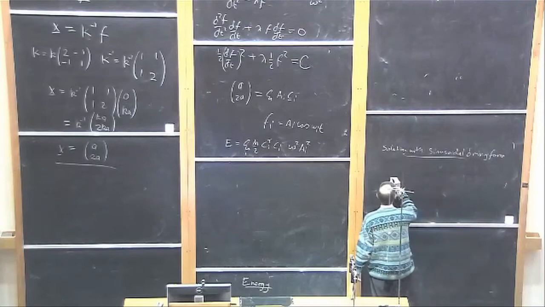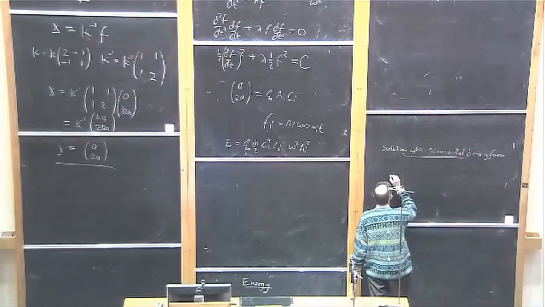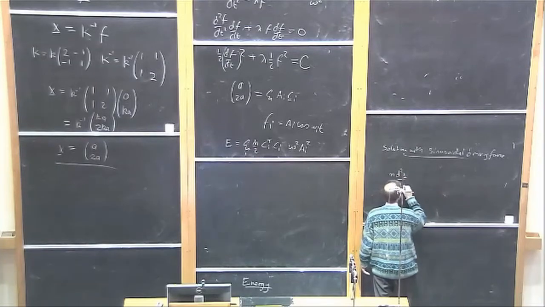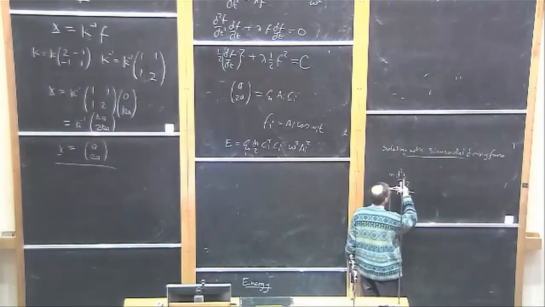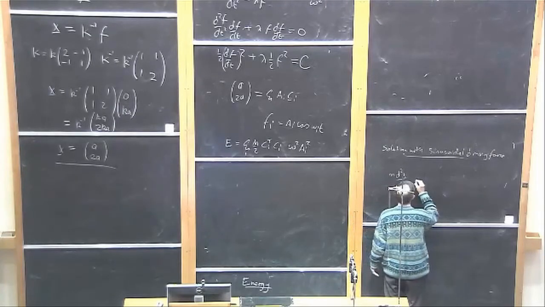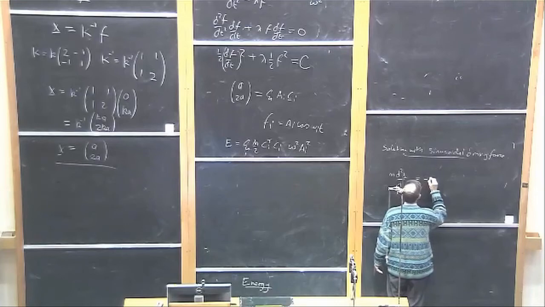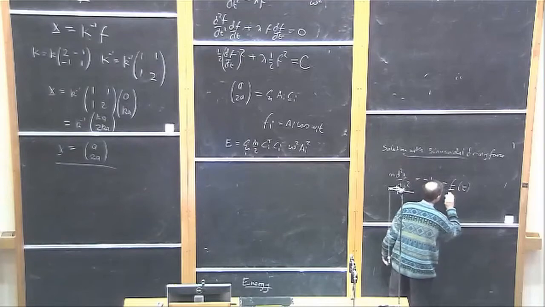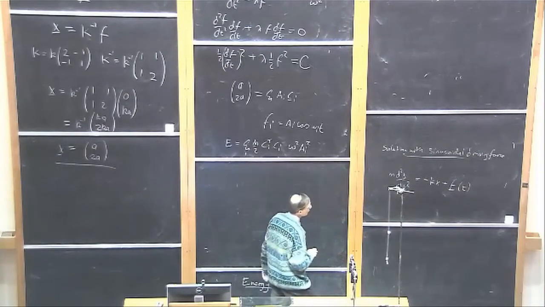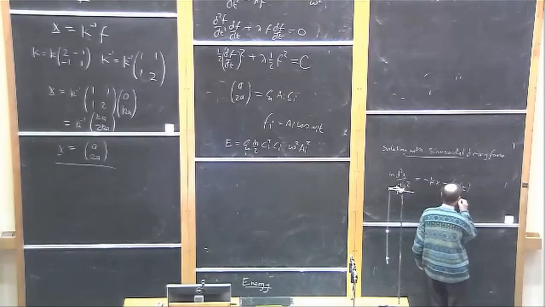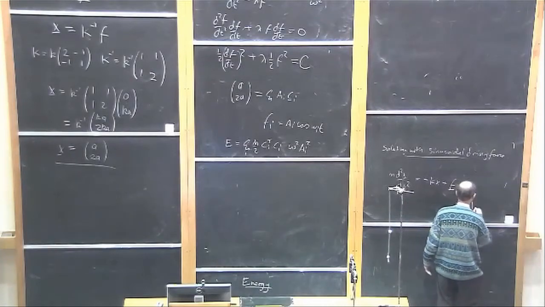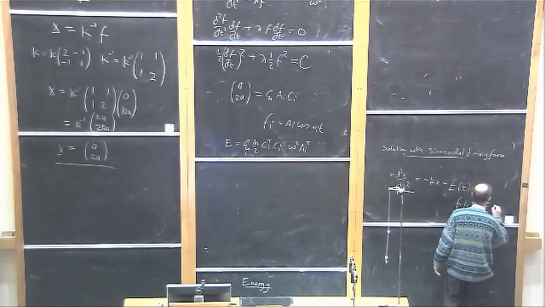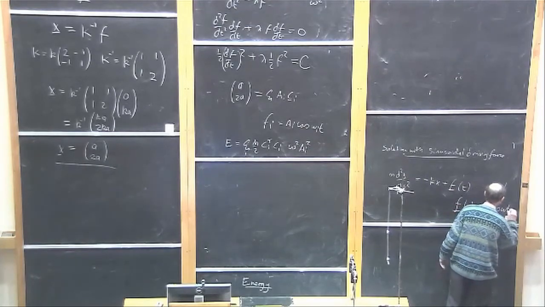So this is m d2x. I'll do this in the equal mass case. It doesn't make a lot of difference, I don't think. M d2x by dt squared equals minus kx plus f of t, where this applied force F has the form some constant F times cos omega t.